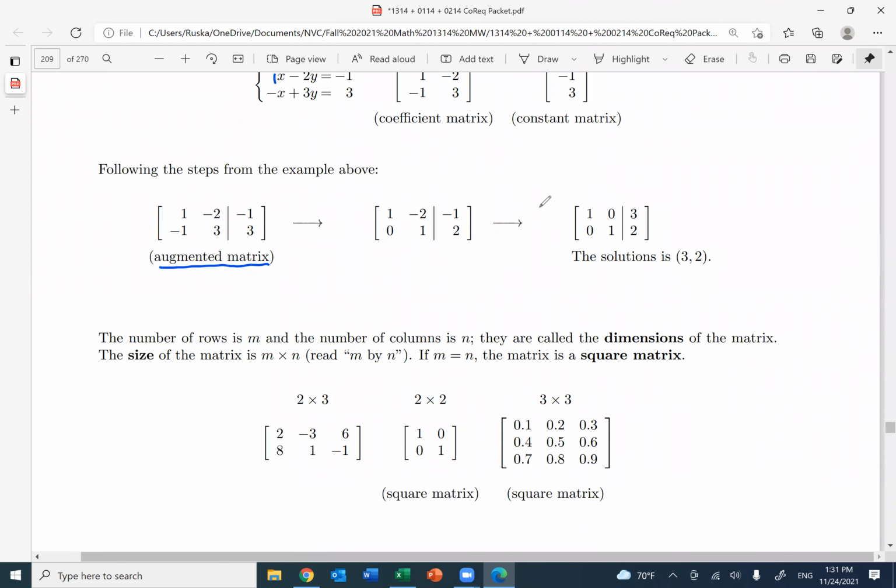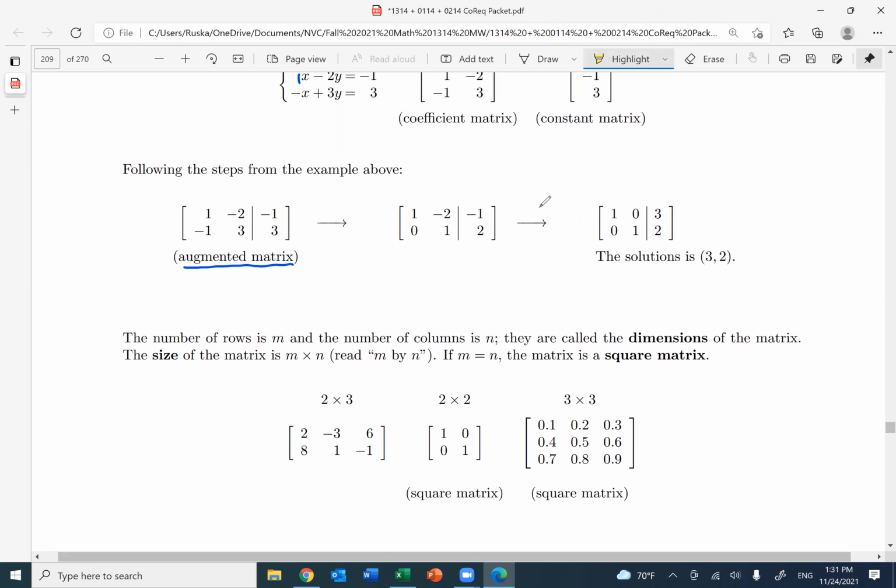The number of rows and the number of columns are called the dimension of the matrix. So the size of the matrix is m by n. This is how you see the size. And when you have the same number of rows and columns, it's called a square matrix.